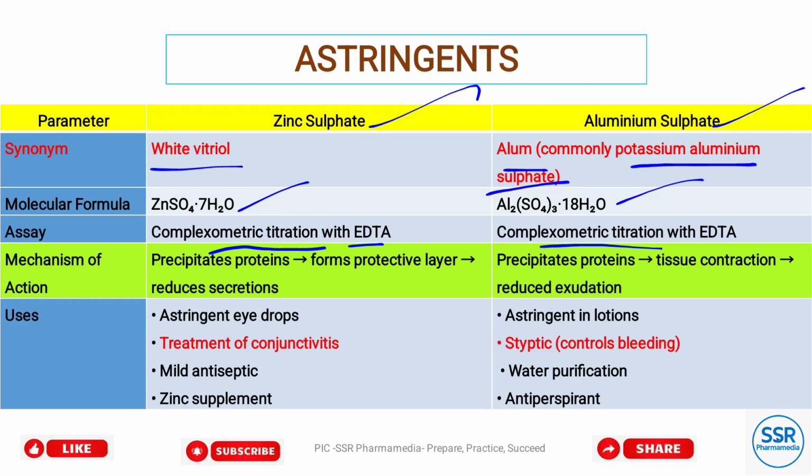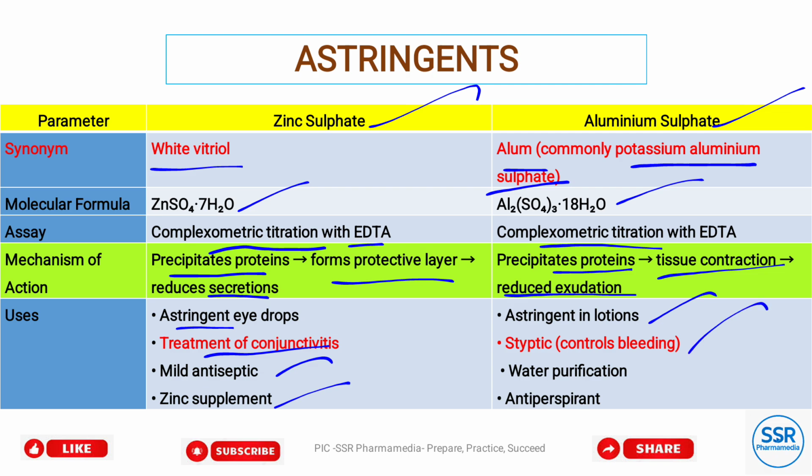Its main mechanism is protein precipitation, forming a protective layer and reducing secretions. Zinc sulfate is used as an astringent in eye drops, in the treatment of conjunctivitis, as a mild antiseptic, and as a zinc supplement. Aluminum sulfate is an astringent in lotions and styptics, controls bleeding, and is used in water purification and as an antiperspirant.